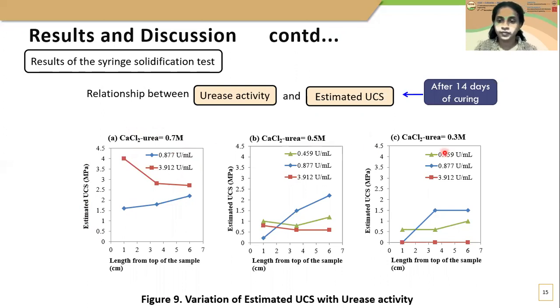But when we come to the low concentration of calcium chloride urea, when we increase the urease activity, the estimated UCS does not increase, it is decreasing. It is not like in the 0.7 molar case. Therefore, selecting the most appropriate urease concentration for each calcium chloride urea concentration is important for the effective precipitation of calcium carbonate.